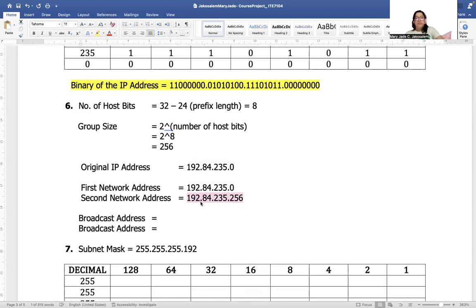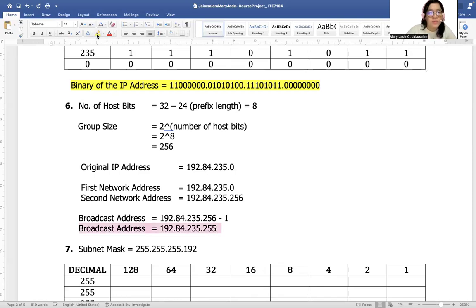So we just have to copy this one. Then we just have to deduct 1 from our 4th octet so that we could solve for our broadcast address. So, our broadcast address is now 192.84.235.255.